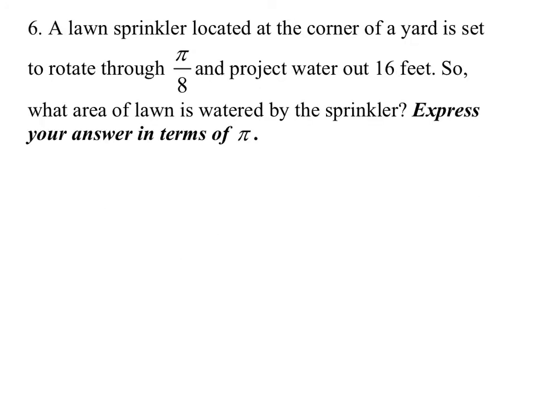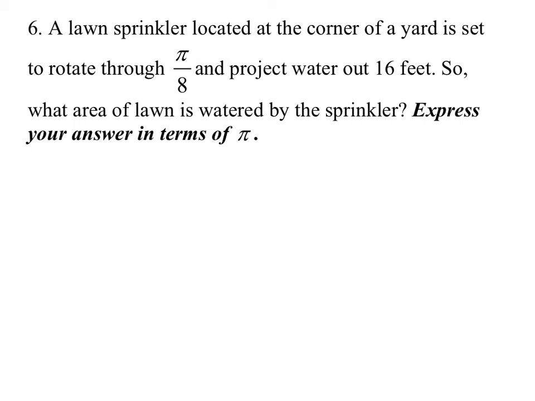Okay, so here's another word problem where we have to use one of our formulas. Number 6 says a lawn sprinkler located at the corner of the yard is set to rotate through pi over 8 and project water out 16 feet. So what area of the lawn is watered by the sprinkler? Express your answer in terms of pi.